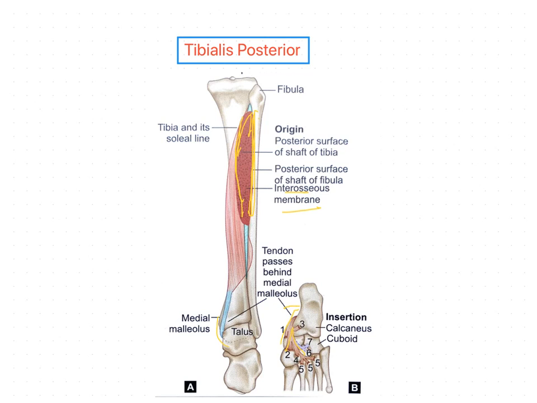The medial part inserts into the tuberosity of the navicular bone, and the lateral part divides into slips which insert into all the tarsal bones except the talus.